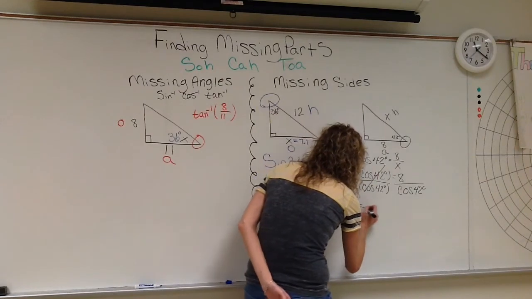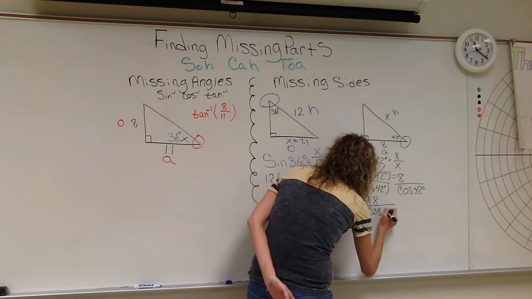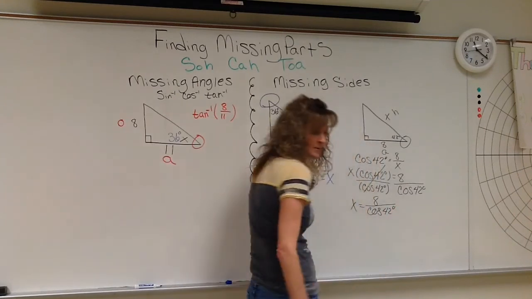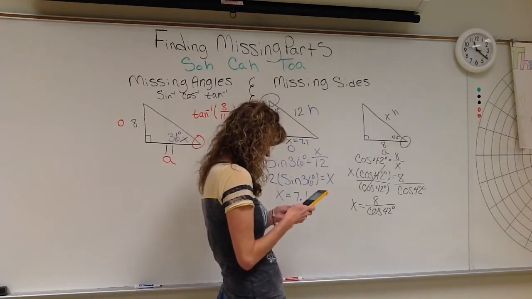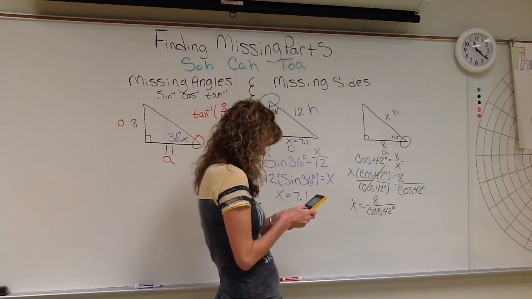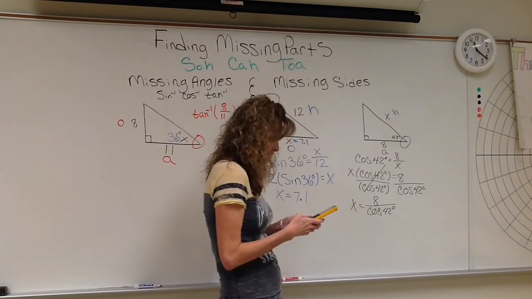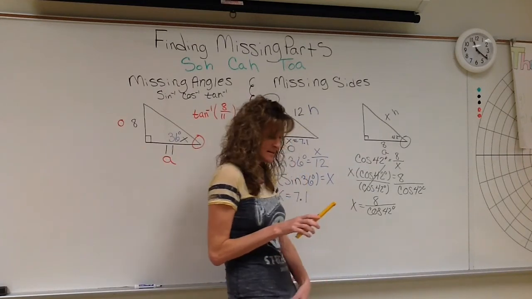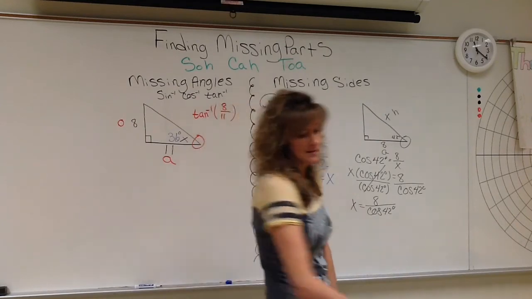So x equals 8 divided by the cosine of 42 degrees, and that's what I'm going to put in my calculator, and I'm going to go to 1 decimal place. 8 divided by cosine 42. And I'm going to round to 1 decimal place, and it says 10.76, so that would be 10.8.